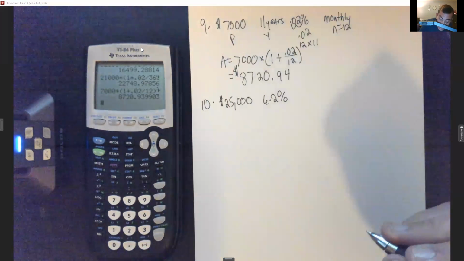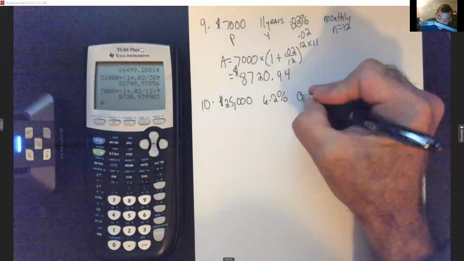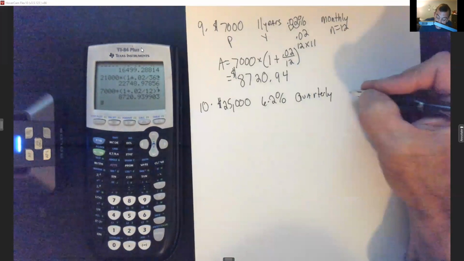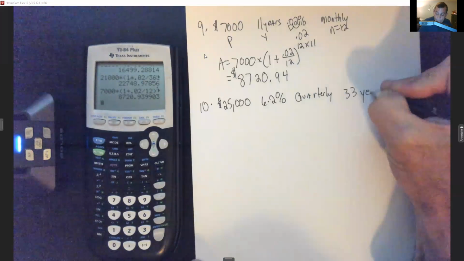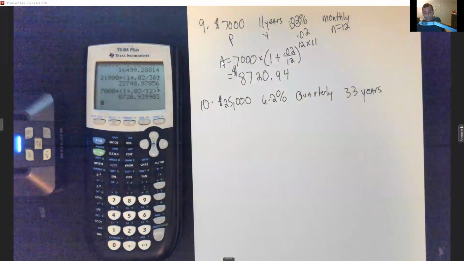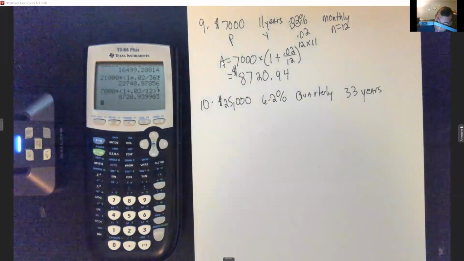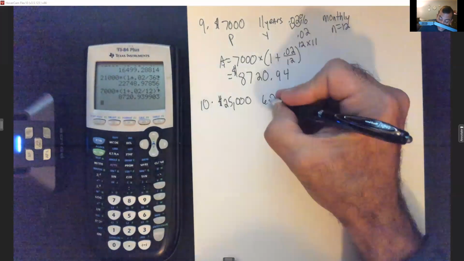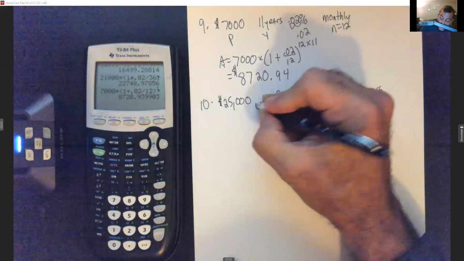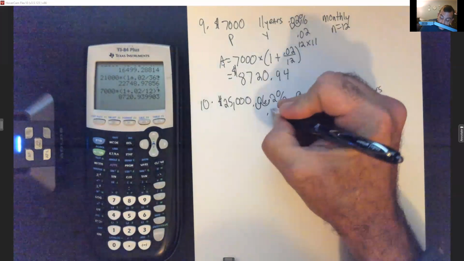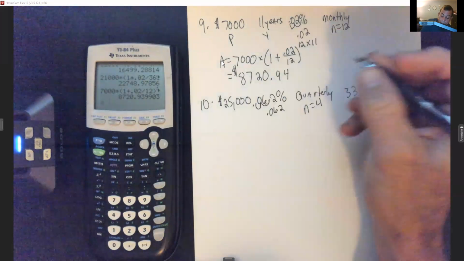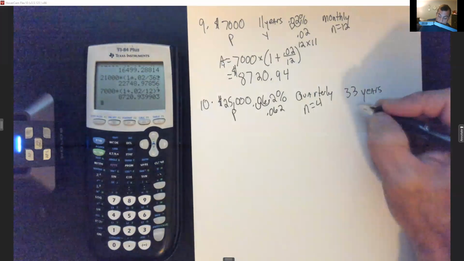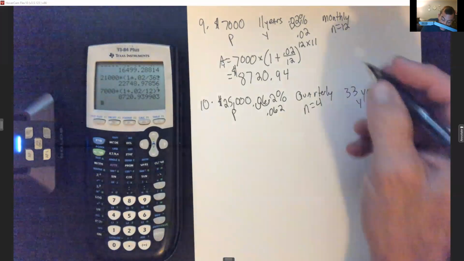Quarterly compounding for 33 years. Okay, so quarterly means N is now 4 again. We got to move this decimal left twice, so we get a 0.062. And then once again, there's my P. And then that was my Y, right? So now I can plug everything in.